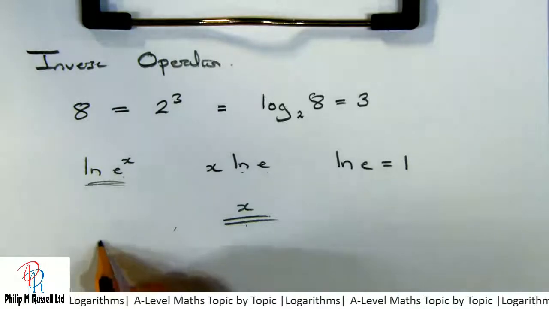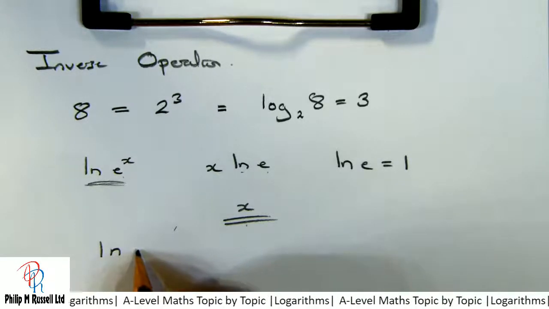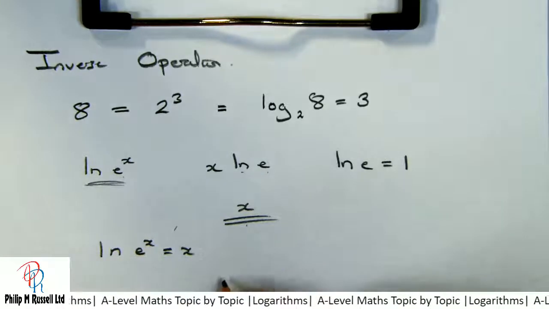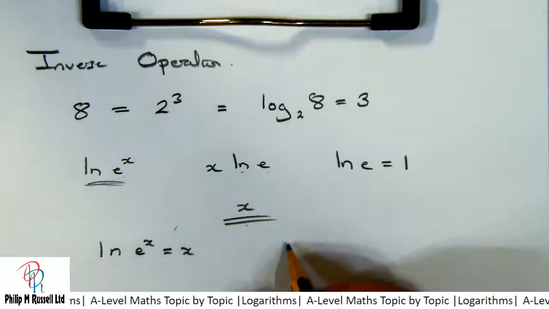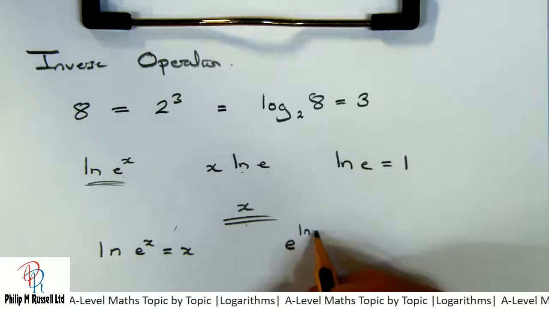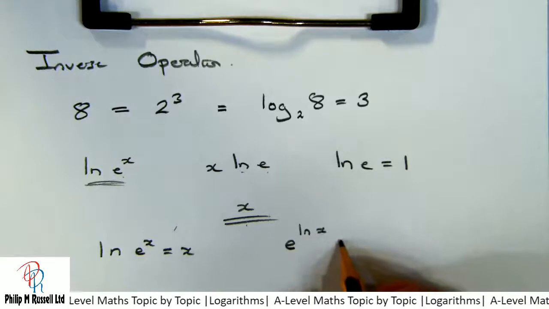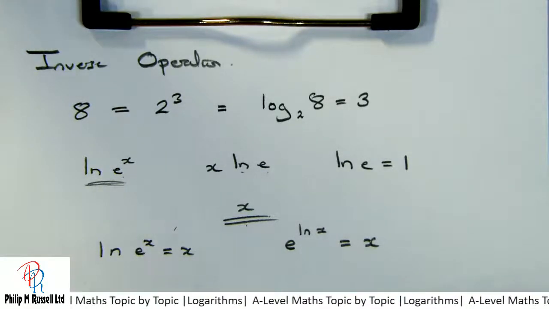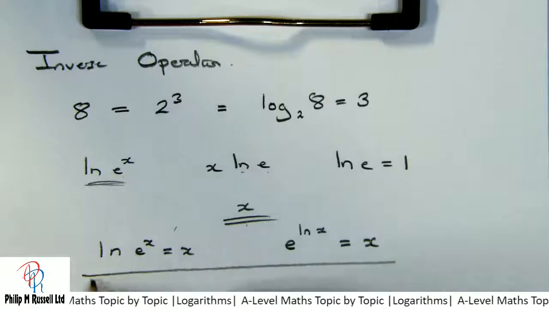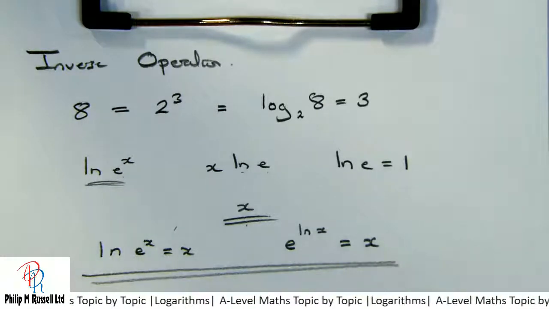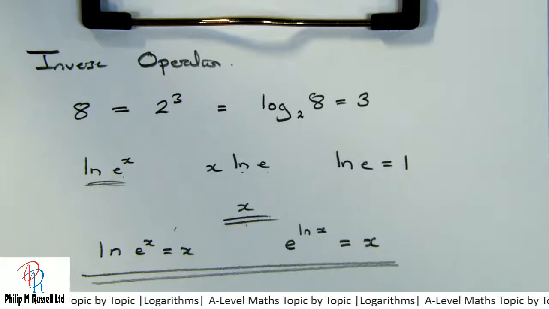So we know that the ln of e to the x will equal x, and I know that if I've got e to the ln of x, that's also going to equal x, and this becomes really useful when we're playing around with solving differential equations.